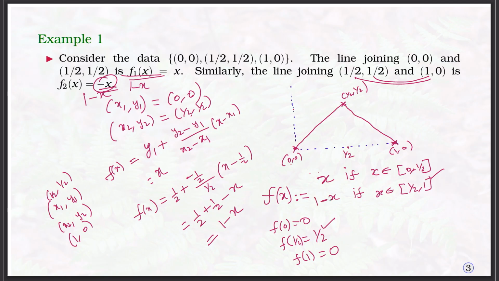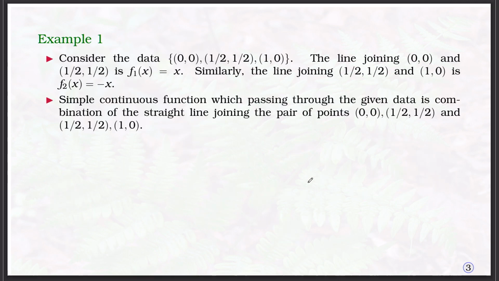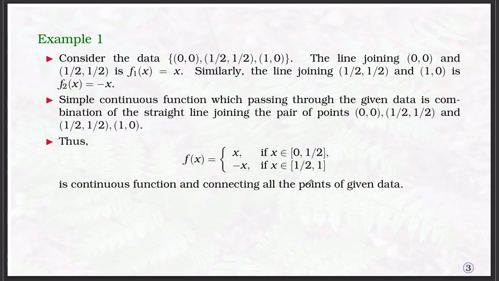Therefore, if you are substituting 1 by 2, in this case also one can get 1 by 2, in this case also 1 by 2, because it satisfies this join up condition. In both the cases it is satisfying, fine. So, here is the function given by: f of x in the interval 0 comma 1 by 2, the value is x, in the interval 1 by 2 to 1, the value is 1 minus x.